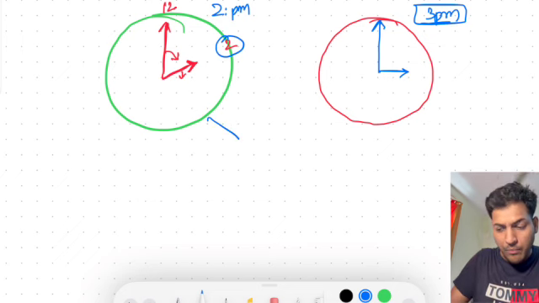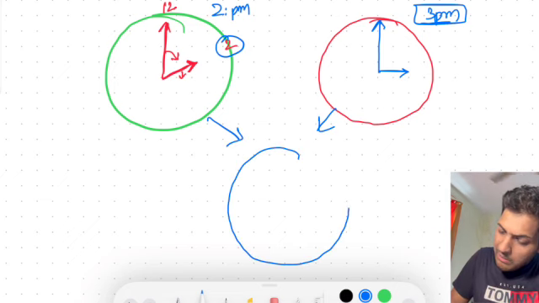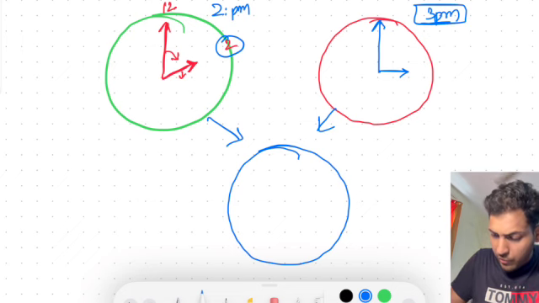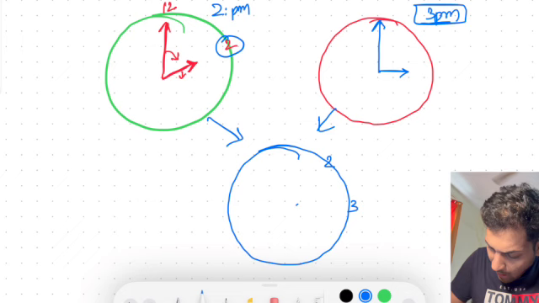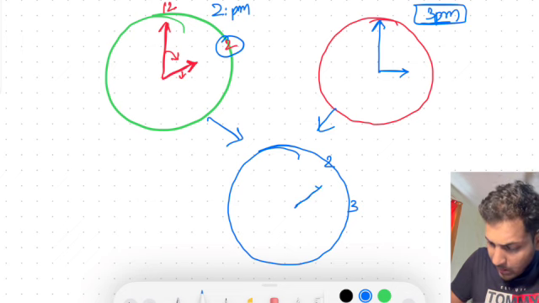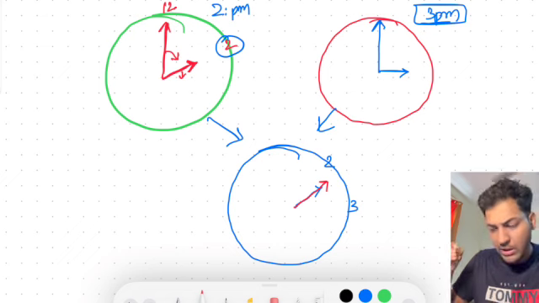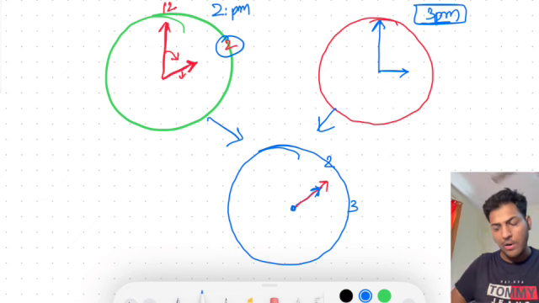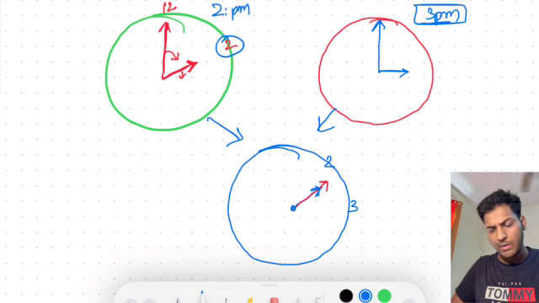I am drawing an intermediate time in between these two, where this is 2 and this is 3, where after 2 our hand will be here and the minute hand will also be here. This is called the coinciding of the minute hand and hour hand.